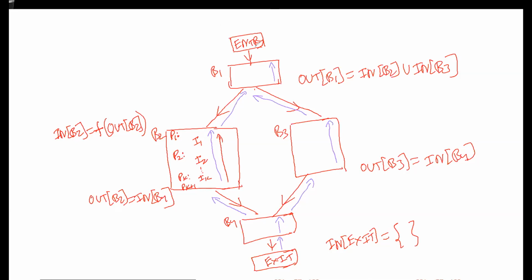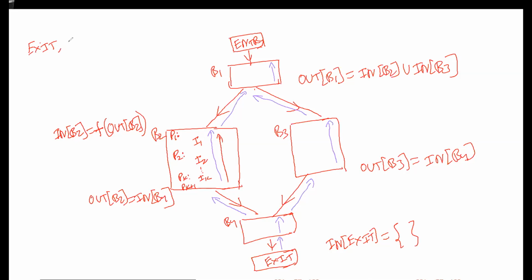We take the control flow graph and we sort the basic blocks in topologically sorted order, and then we visit the basic blocks in the reverse topologically sorted order. That is, we first start with the exit basic block. We know how to compute in of exit because it's a boundary case.